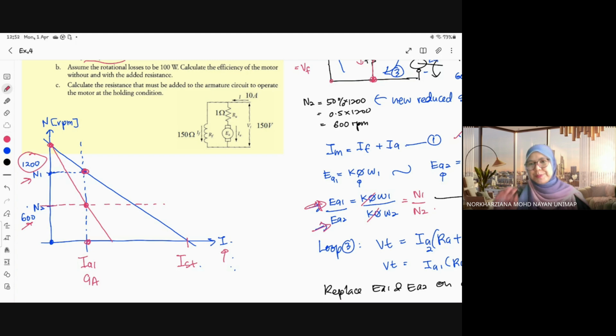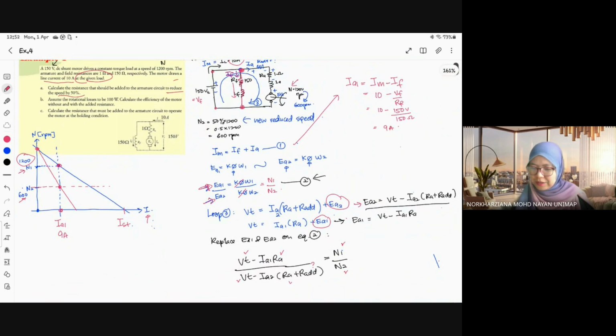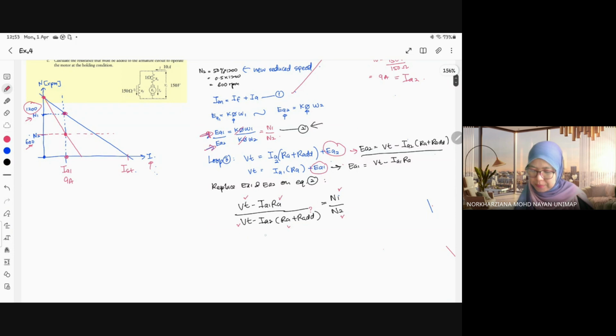Although dia punya speed is reduced. Okay. Nanti kita tengok. Kita check balik betul ke tak. Okay. So now this 9 ampere is also same as IA2. Okay. And we can replace here. So it's your VT is 150 volt.